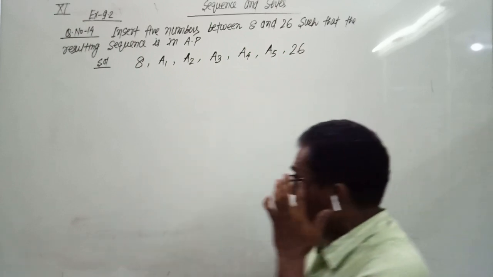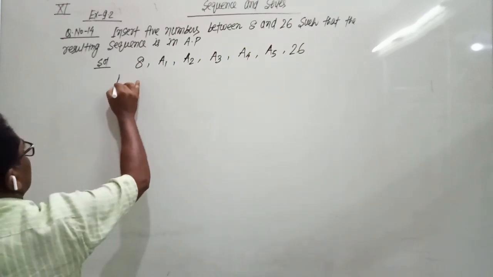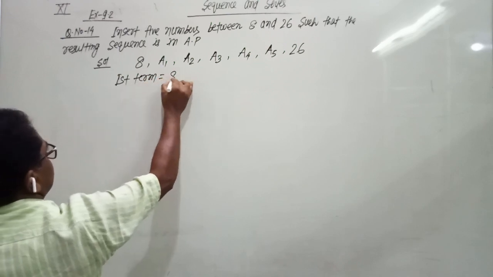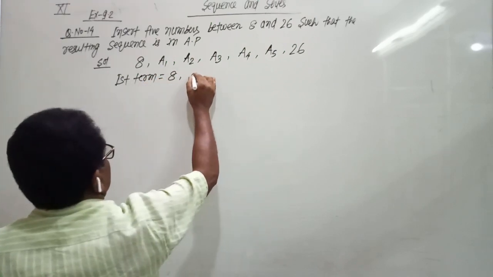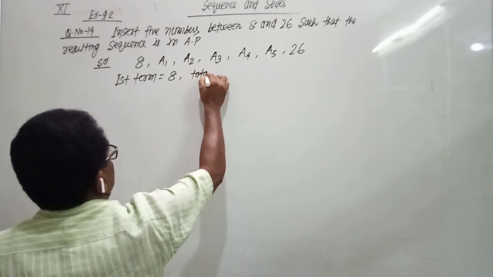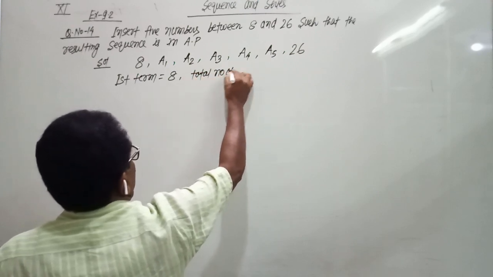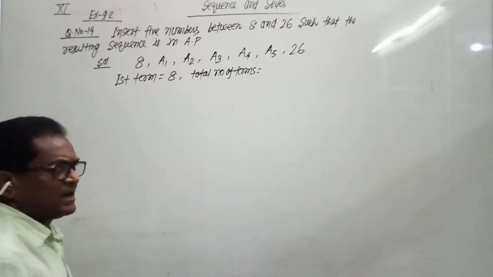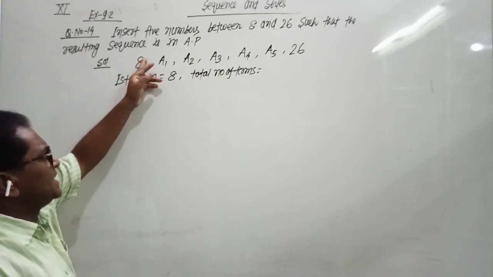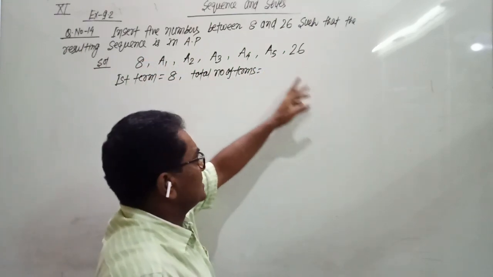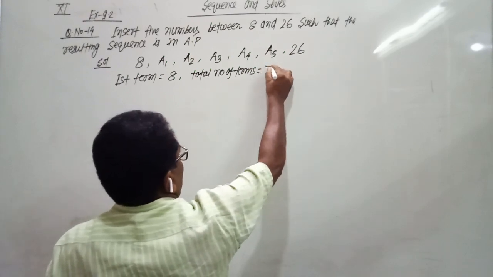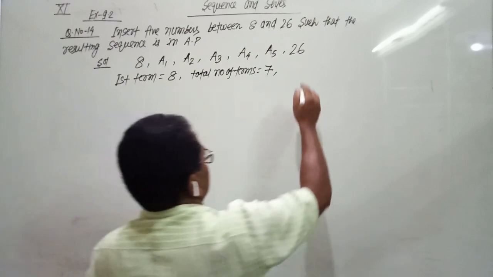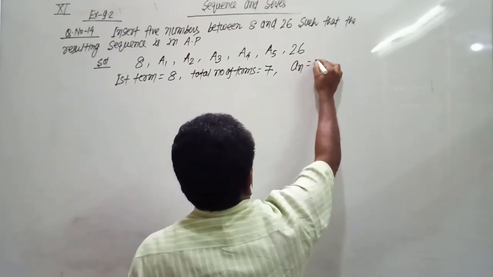So the first term is 8. There are 5 numbers between 8 and 26, and one number is 8, another number is 26. So 5 plus 2, the total number of terms is 7. And the last term, the nth term, an, is 26.